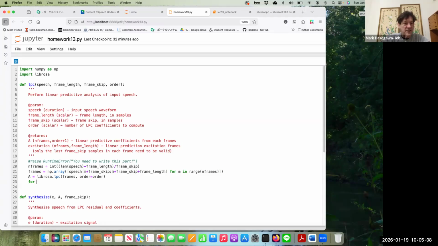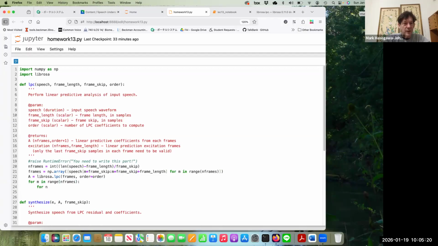So for m in the range up to n frames, for each frame, for sample number from, let's start with sample number 11 and let's go up to the frame length. And for each of those, we're going to take delays from k in the range from 0 up to the order. Oh, let's call this from order up to frame length, and this will be from range 0 up to the order. We will say excitation.